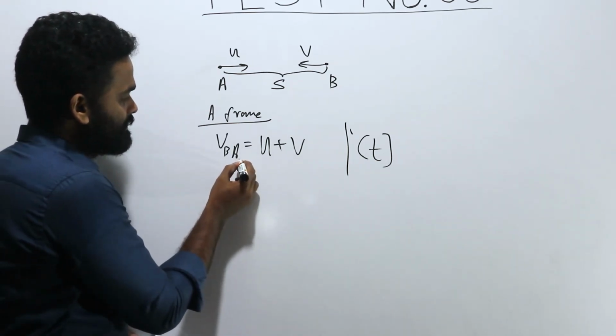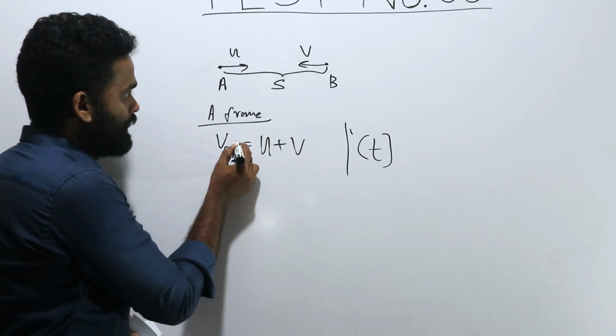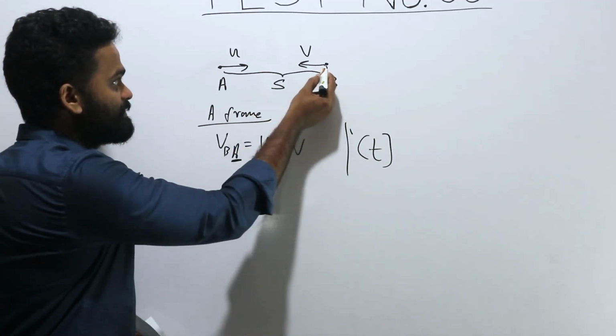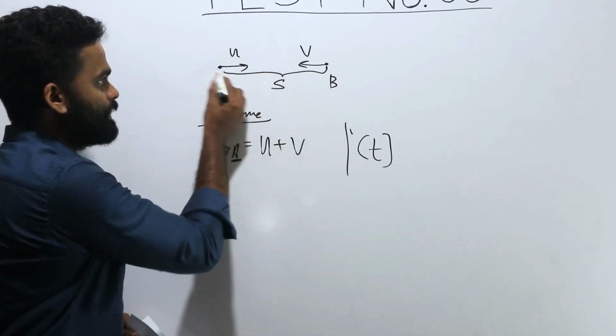So what relative to A means is, if A is stopped, the distance B has to move is from here to here.